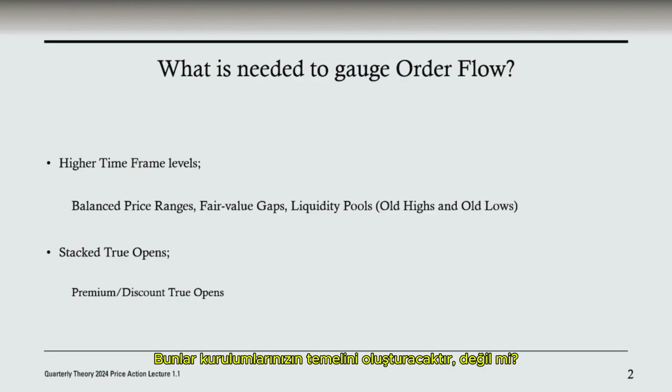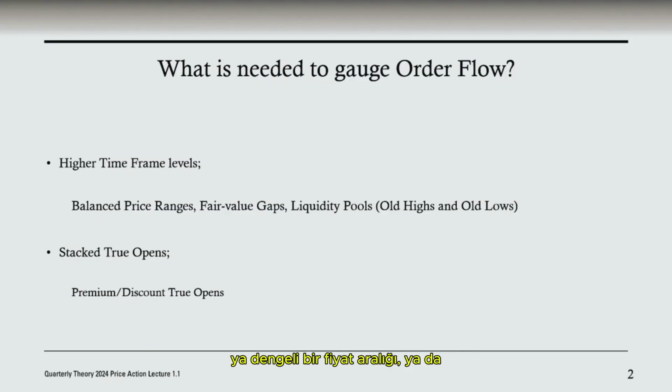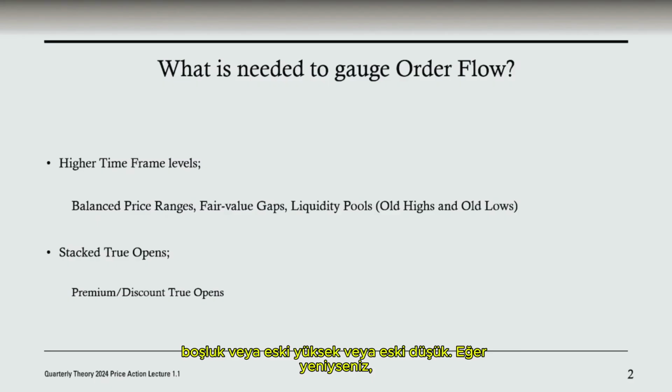These will serve as the base of your setups, right? So whenever you are going into price action and you want to trade, you need a higher time frame level, either a balanced price range, fair value gap, or an old high or old low. If you're new, you're gonna benefit from this, right?